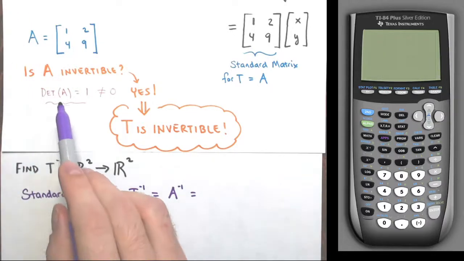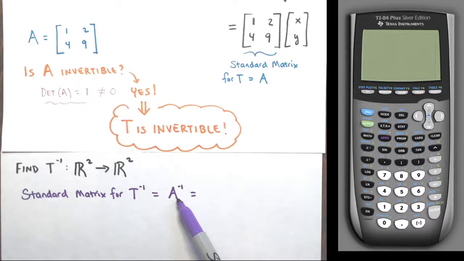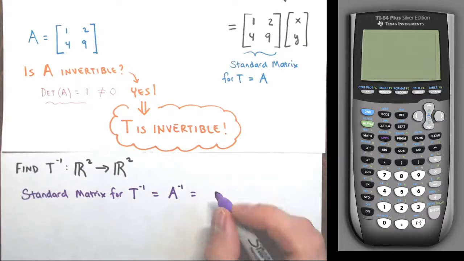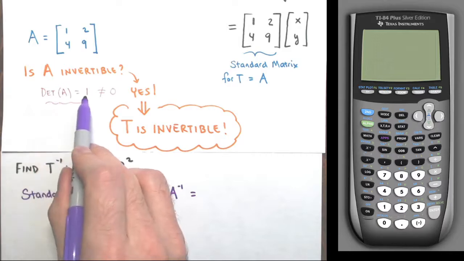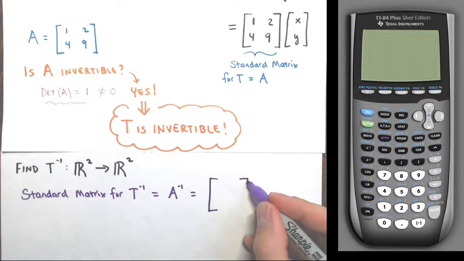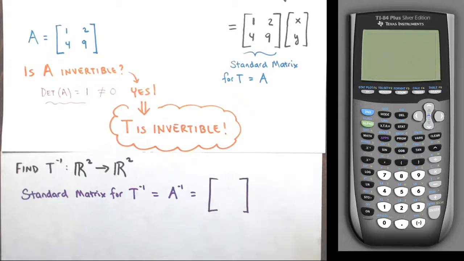Remember, A inverse is the reciprocal of the determinant, so 1 over 1, just 1, multiplied by the adjoint matrix where I do the cofactors.